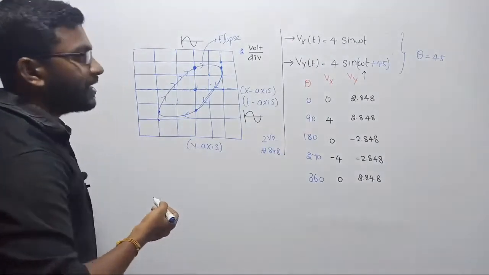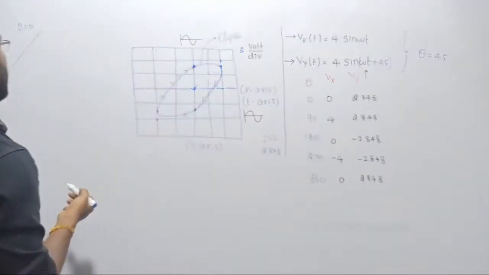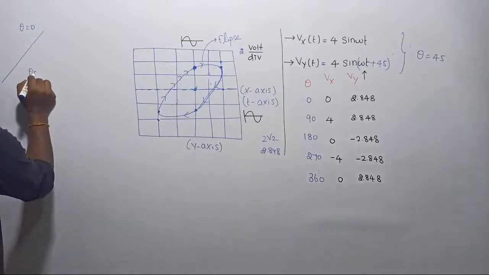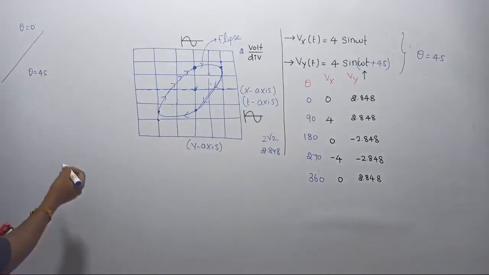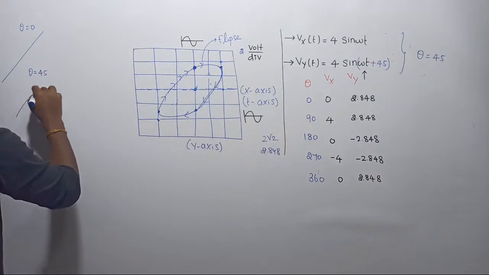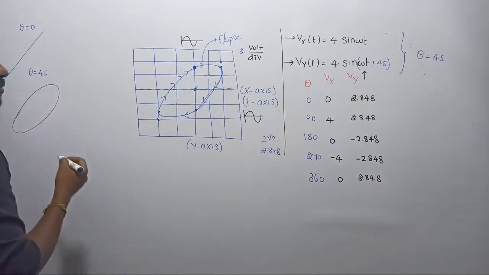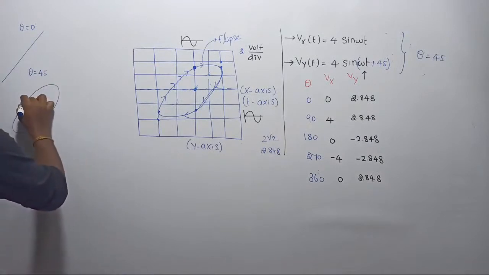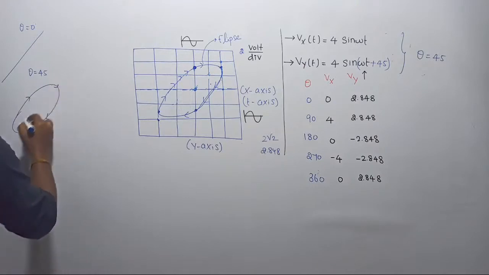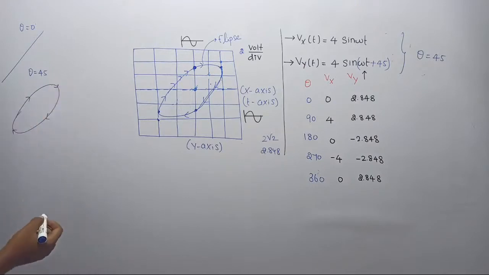It is an ellipse at theta equal to 45 degree. If the phase angle difference between the signals is 45 degree with the same magnitude, then we can observe an ellipse in the CRO, and it is rotating in the clockwise direction. That is very important. Getting me?